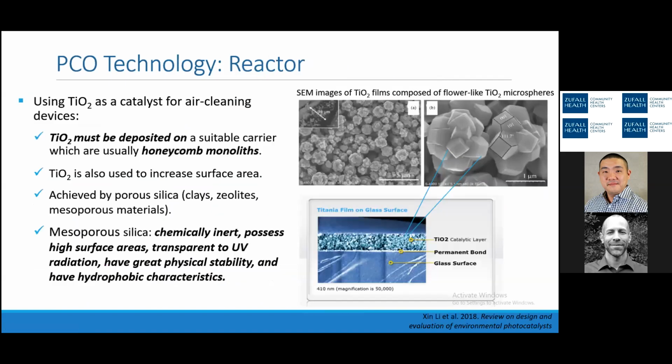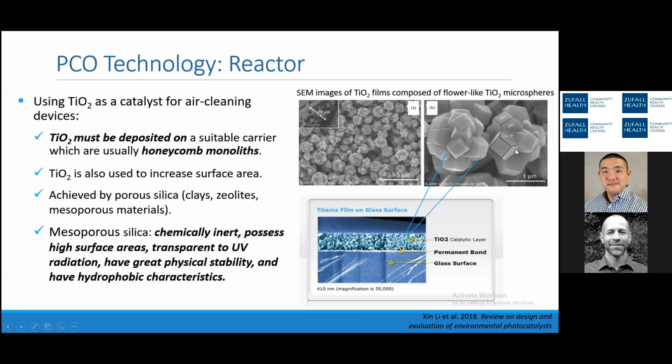This slide provides a little more detail on some of the mechanisms that are used to help engineer these titanium dioxide photocatalytic coatings. So a lot of times they use these honeycomb monoliths because they have a very high surface area. And the titanium dioxide is often treated with porous silica or some other metal to make it more reactive.